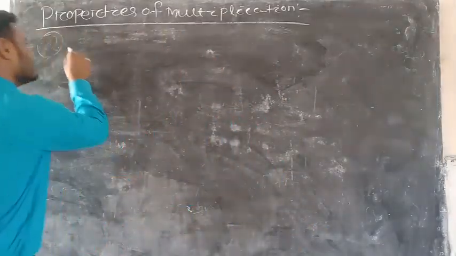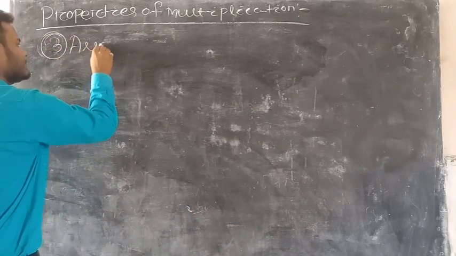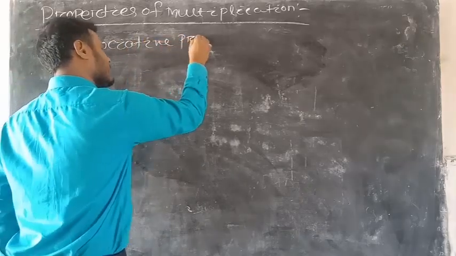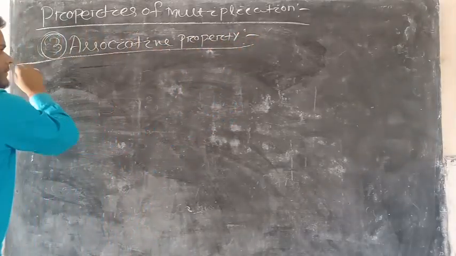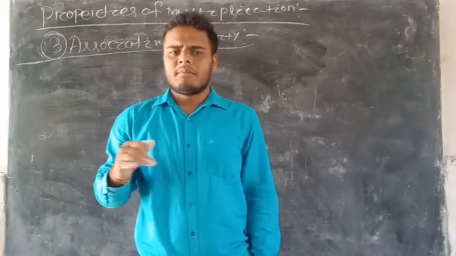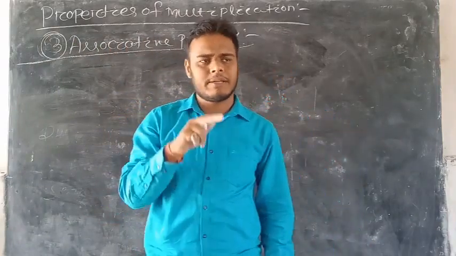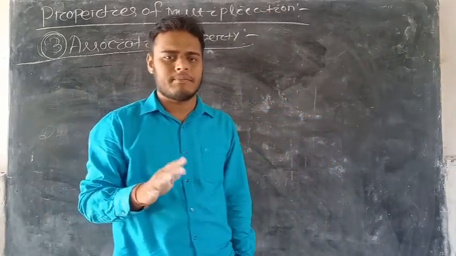So the third property is the associative property. As per the associative property, by any means I pair two rational numbers and multiply with the third, the product will be the same.